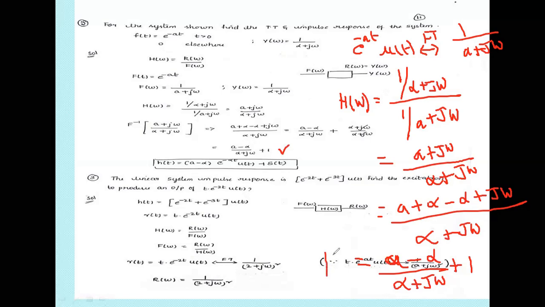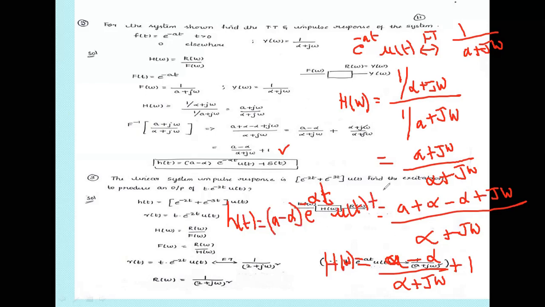So H of omega is as above. To find the impulse response h of t, apply the inverse Fourier transformation. a minus alpha is a constant, and 1 by alpha plus j omega means e power minus alpha t mu of t, with the multiplication factor a minus alpha, plus 1.